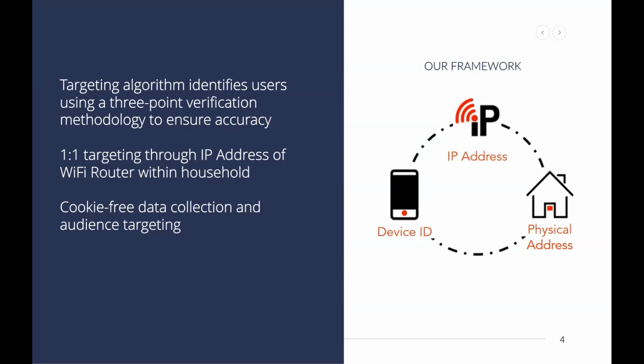We have around a 70% match rate. So that basically means that if we upload any household addresses into our system, we're going to get about a 70% match rate to the IP address of the home. So that's a little bit of an overview of the product. So this is kind of the deeper topics and descriptions of what we're going to do. But let's talk about each individual one now.